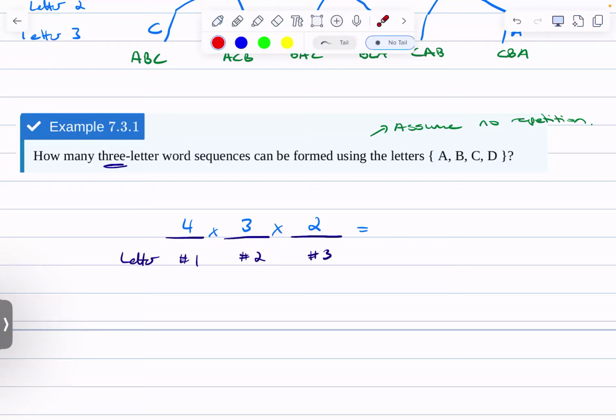It's not 3, 2, 1, because we have 4 to choose from, so you have to start picking from the 4.